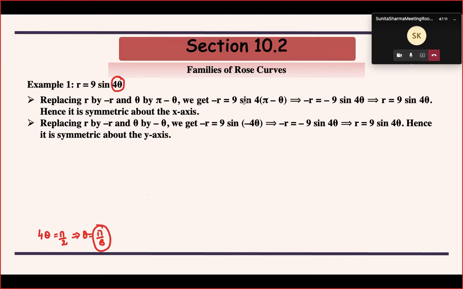It will basically be checked in the fourth quadrant, so that is why the sign is negative here. So we have a minus sign on the left side and minus on the right side, which gives us back the same equation. So there is symmetry about the x-axis.